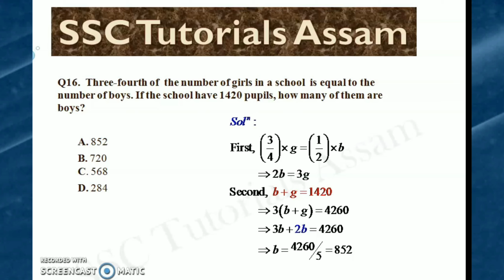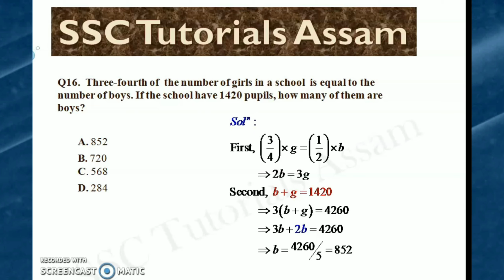If we multiply both sides by 3, we get 3 into b plus z equals 3 into 1420, which is equal to 4260. So 3b plus 3z equals 4260. 3b is okay, but 3z we can write as 2b, since from condition 1 we are getting 2b equal to 3z.